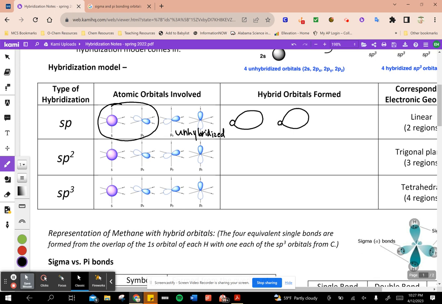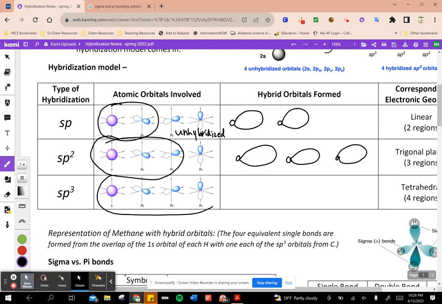Now, if we go to sp2, that's mixing an s orbital and two of the p orbitals to generate three new hybrid orbitals. And then sp3 mixes the whole set, an s orbital and three p orbitals, to generate four new hybrid orbitals.